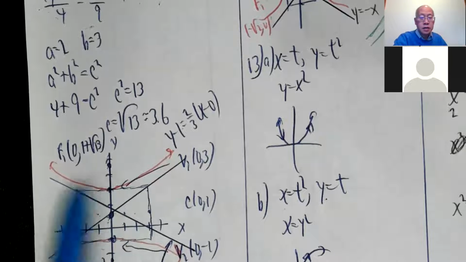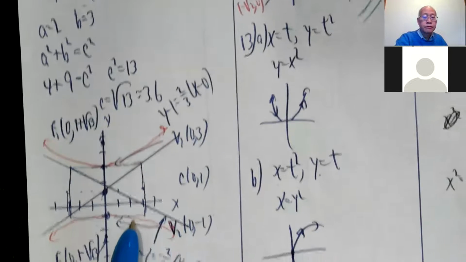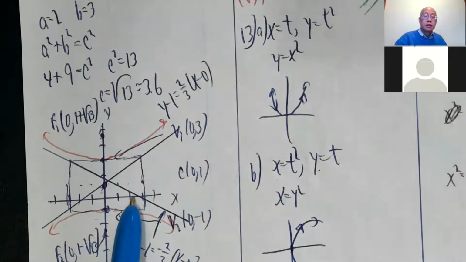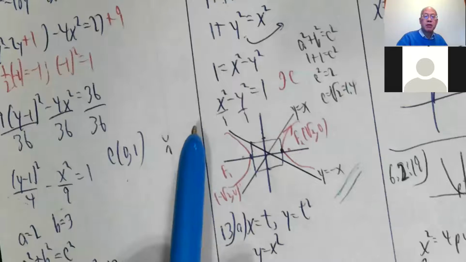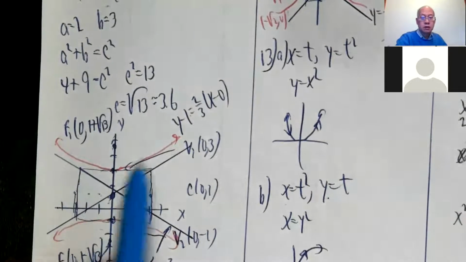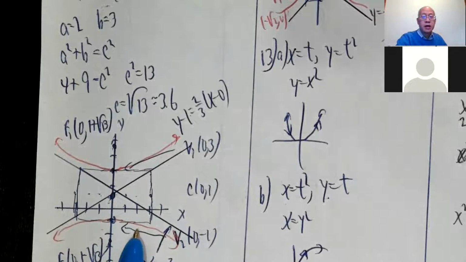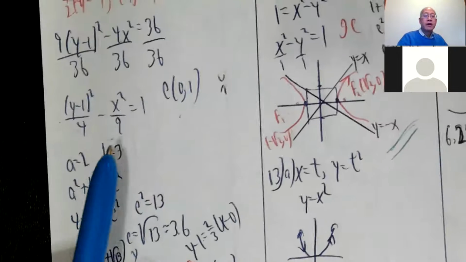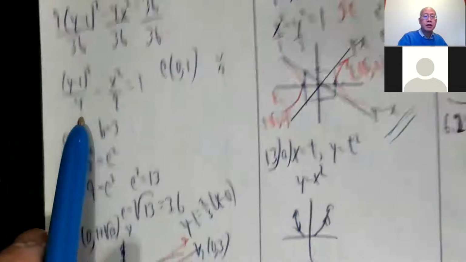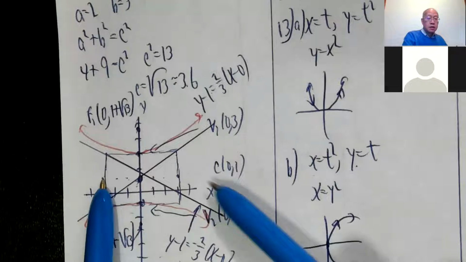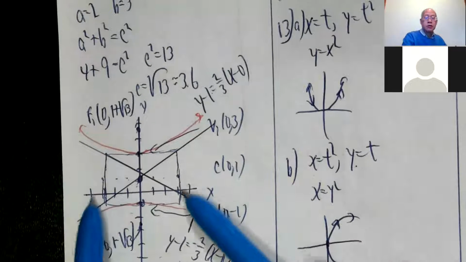Draw my box, connect the diagonals. Since it's the vertical type of hyperbola, I take these 2 points, curve them toward the asymptotes. If x came first and y second, I would take these 2 points and curve them toward the asymptotes.